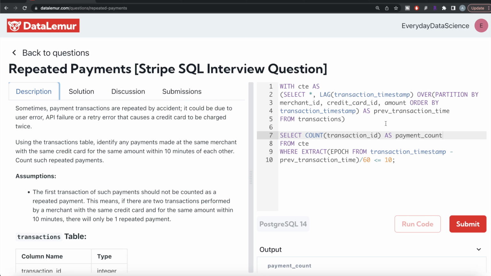And then once we had those previous transaction times, from that common table expression we extracted the total number of seconds between the previous transaction time and the transaction time, and then divided by 60 to get that in minutes. Then we made sure we are only keeping those rows where the time difference is less than or equal to 10 minutes, and then we counted the number of transaction IDs, which represent the repeated payments. So yeah, this is how we do it.